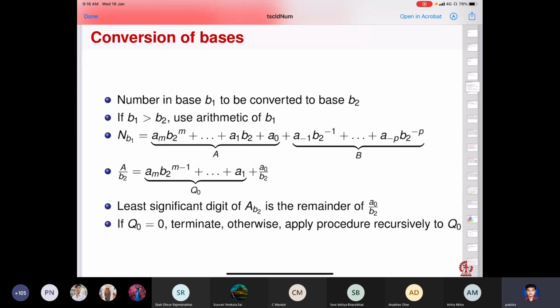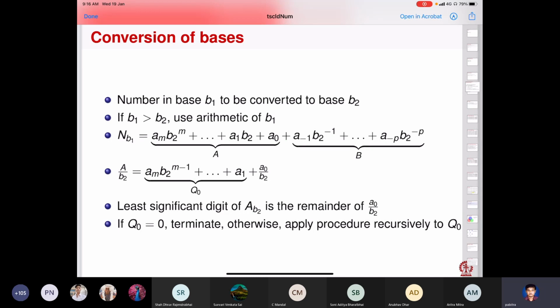So use the remainder as the least significant integer part of your representation in base B2. Basically, if you are doing decimal to binary, it's the least significant binary digit for the integer part, and Q naught is the quotient. Now on Q naught, you again divide by B2, and in the same way you get A1 and another quotient Q1.